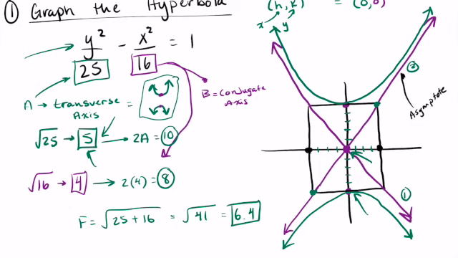And when I plug that into my graph, my foci are always going to sit in the cup of my graph. And how far above and below the center? 6.4. So there's 6, and somewhere about right there. Somewhere about right there. And that's my graph.